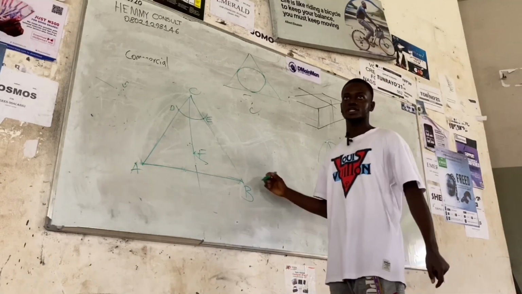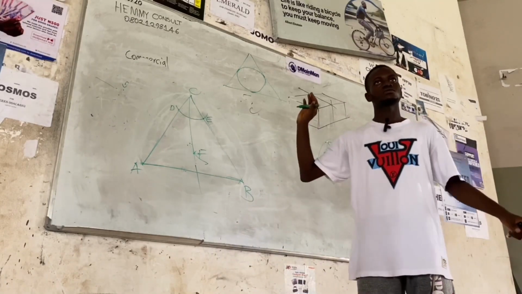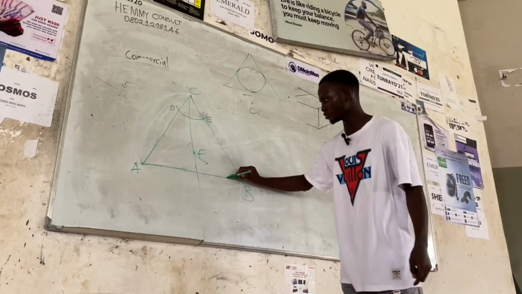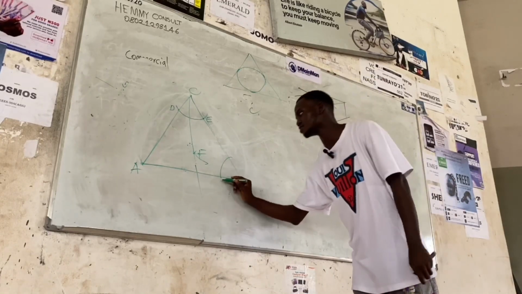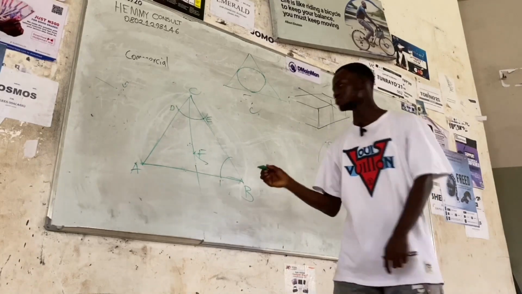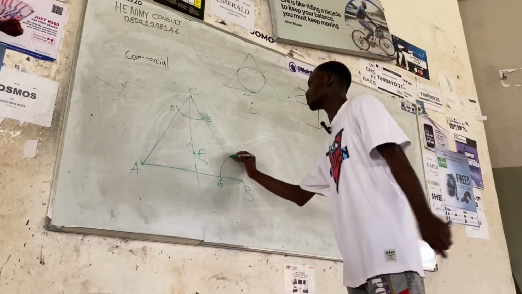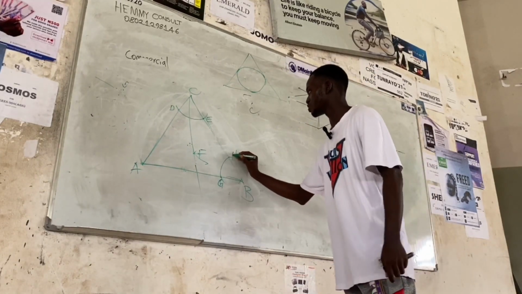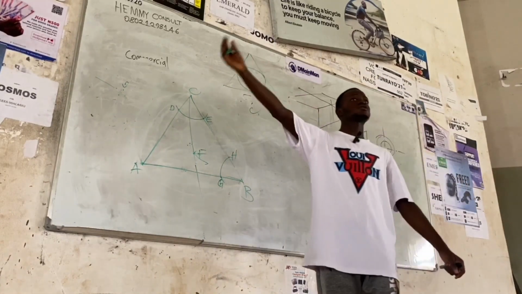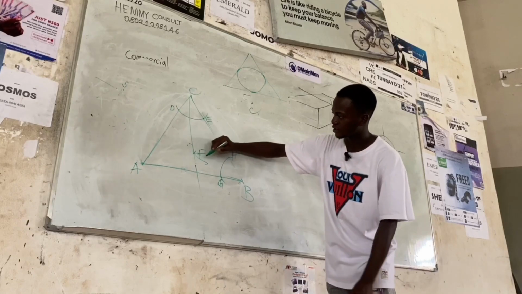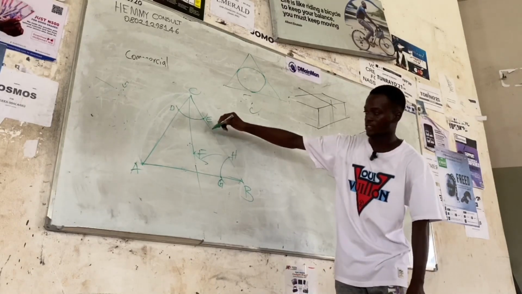So we bisect this other line using the same principle. So strike an arc to intersect line AB at G. Then this can be our H. You extend your radius, you strike another arc.